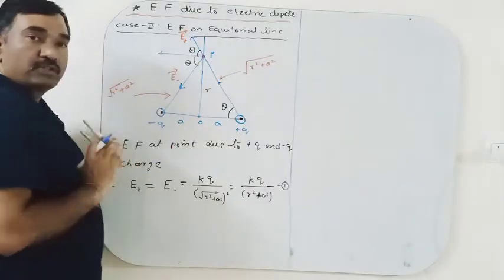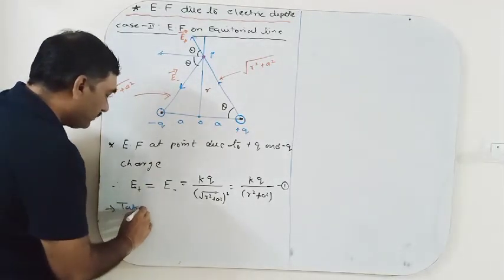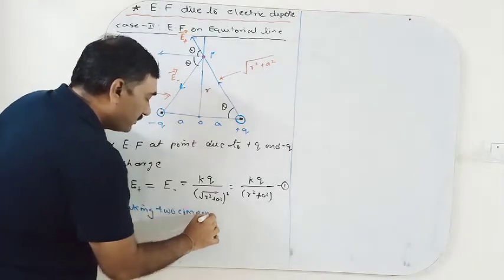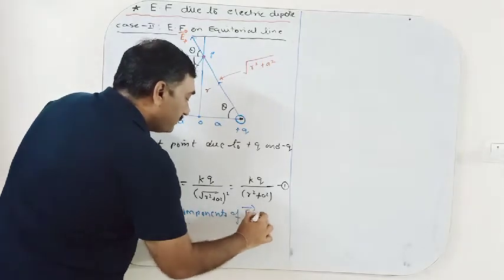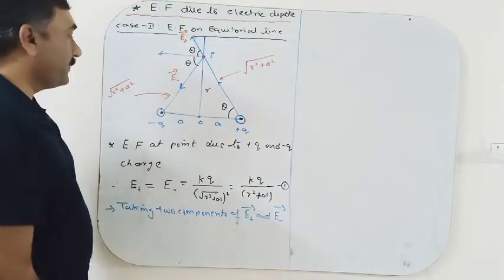But here the electric fields are making an angle of theta with the horizontal direction. So taking two components of E plus and E minus as shown in the figure.